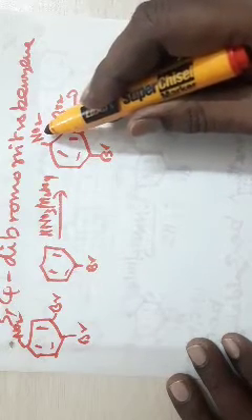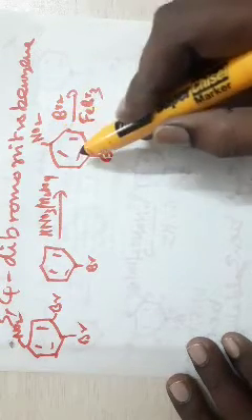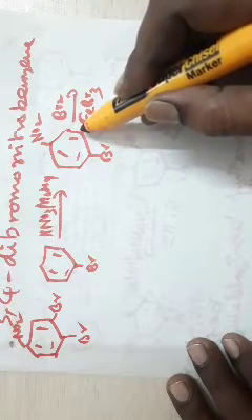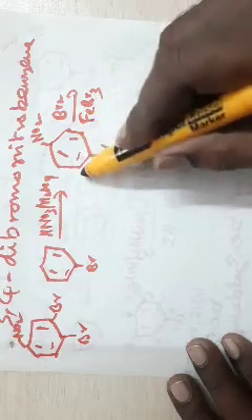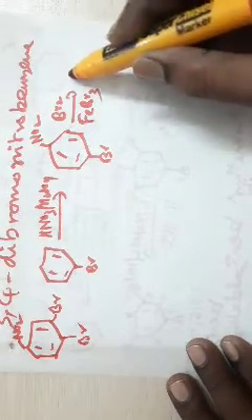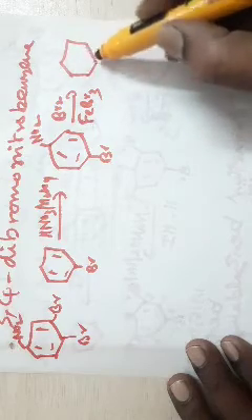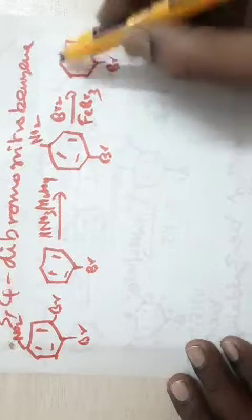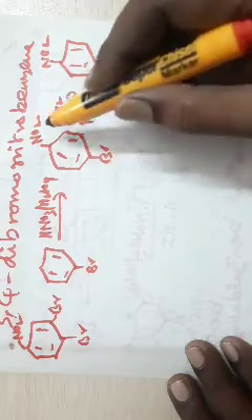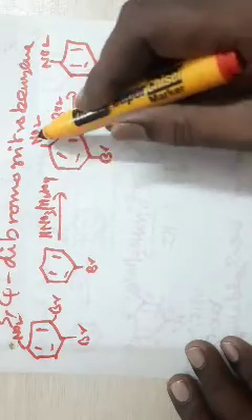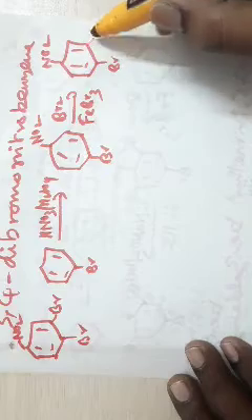and the nitro group is meta-directing. So you may have a product either in this position or in this position. Bromine will be substituted in this position or in this position. Both are symmetrical, whatever it may be. The final product is this one. The molecule is symmetrical, so whatever the substitution, whether at this ortho position with respect to bromine, or this meta position with respect to the nitro group, you will get the same product.